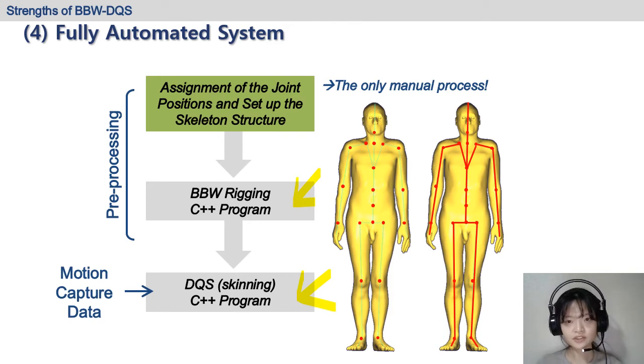If the phantom changes, the joint positions need to be reassigned, and if the motion capture device changes, the whole skeleton structure may change, and it should be set up again. Both of these are very simple and easy work that can be done in at most 30 minutes.